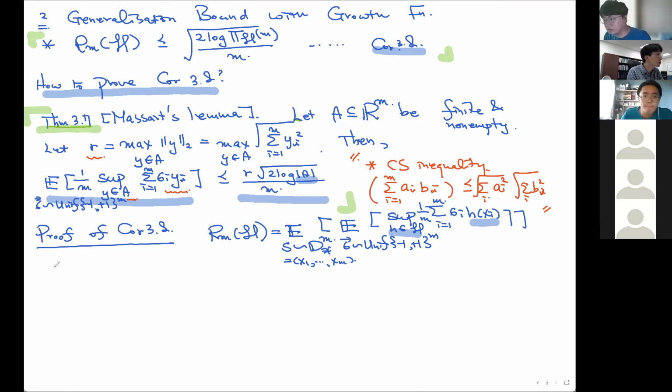For hypothesis restricted to S, each of these means it's just a vector of h of x1 up to h of xm, where S is x1 to xm, for each hypothesis h.